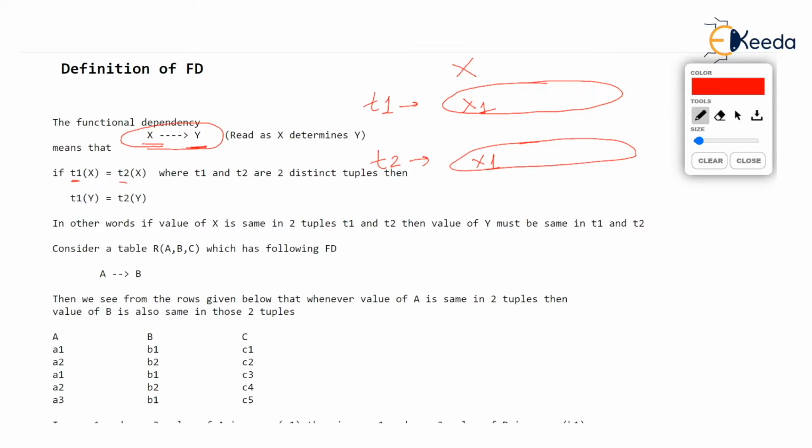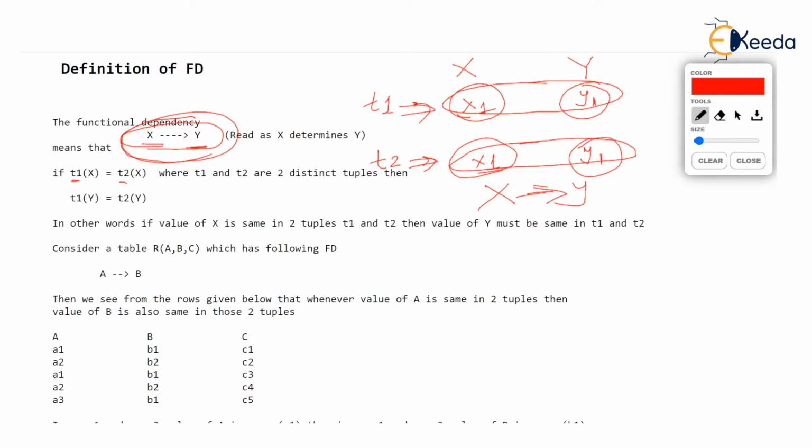So in two different tuples, the value of X is the same. Then, since X determines Y, in the other column Y, wherever X matches, the value of Y should also match. I mean, in two different tuples, if the value of X is equal, then in those same tuples T1 and T2, the value of Y also should be equal. This is the meaning of X determines Y.